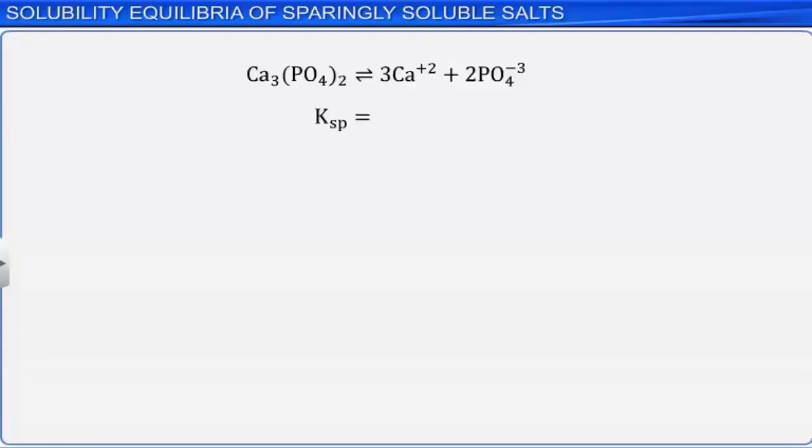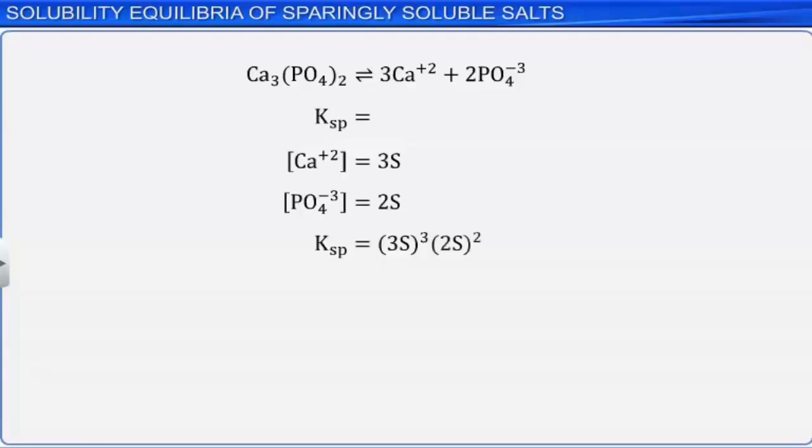If S is the molar solubility of calcium phosphate, then the concentration of Ca²⁺ ions will be equal to 3S and the concentration of phosphate ions will be equal to 2S. Substituting the concentration of calcium and phosphate ions in the Ksp equation for calcium phosphate, we get the solubility product Ksp is equal to the product of (3S) raised to the power of 3 and (2S) raised to the power of 2.